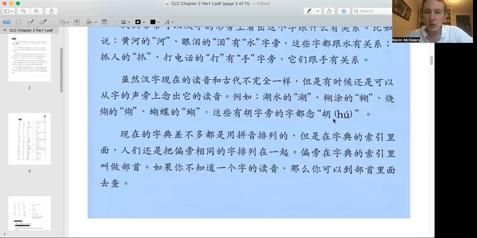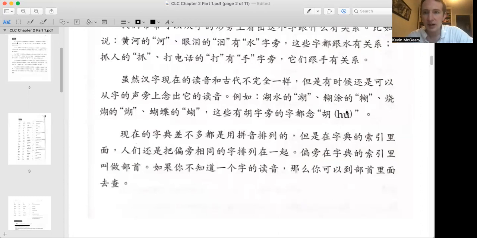So Hu is also a very common family name in China. For example, Hu Jintao, the former president from 2002 to 2012.